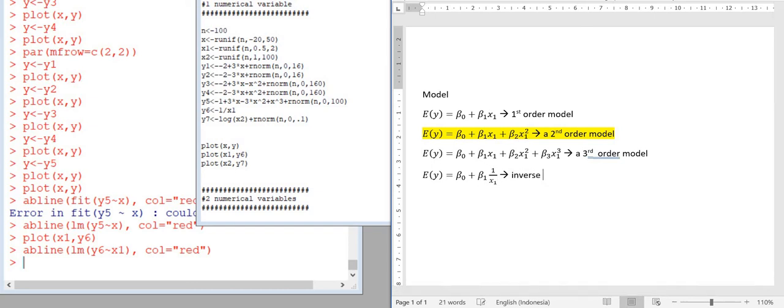The pros for this model compared to using the second order is that this is much simpler. Here you only need to estimate two parameters for the coefficient regression, while in the quadratic you need to estimate three.